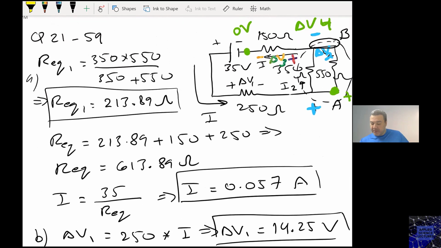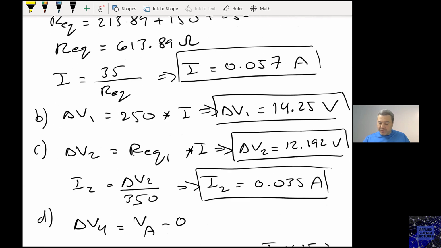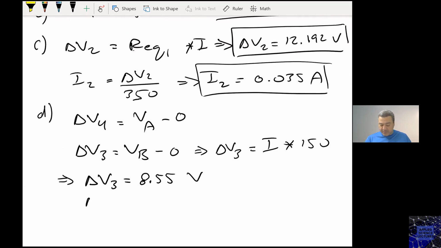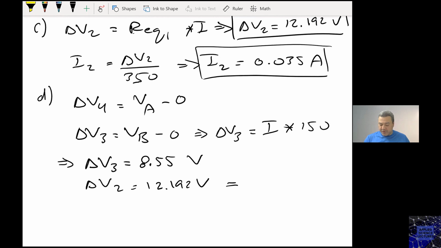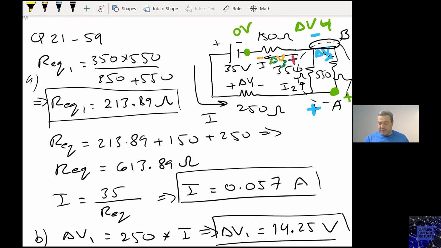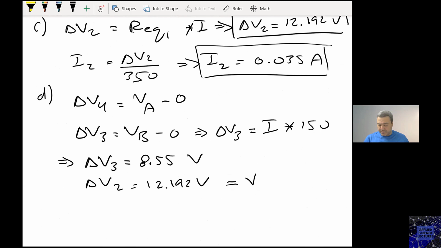What about delta V2? Delta V2, I found it to be 12.192 volts. So delta V2 is also VA minus VB. Right? So VA minus VB is delta V2, it equals 12.192 volts.